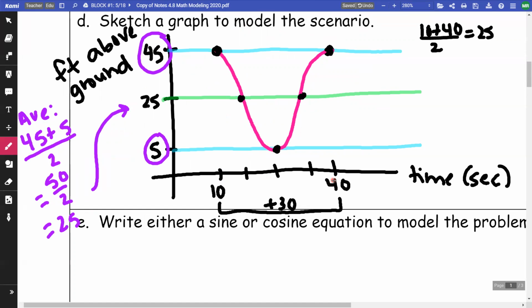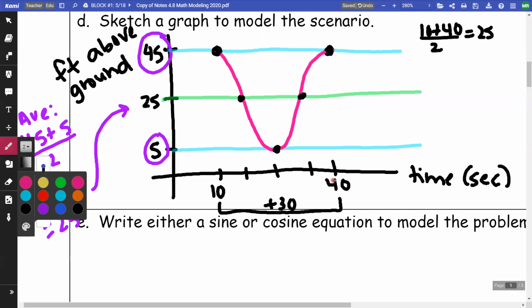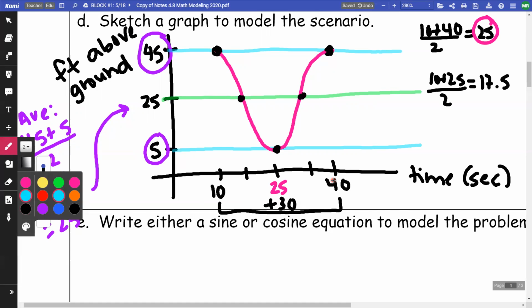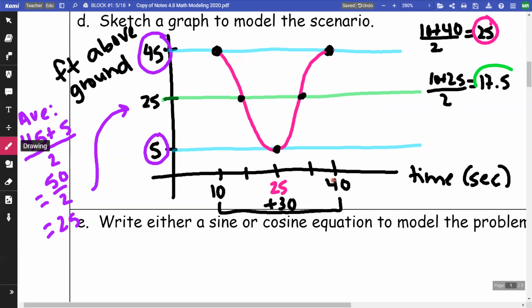And that 25, let me just circle this, that 25 is going to go right here. And then I'm going to take the 10 and the 25, and I can average that, which is 35, divided by 2 is 17.5. So then this value here is going to be 17.5.